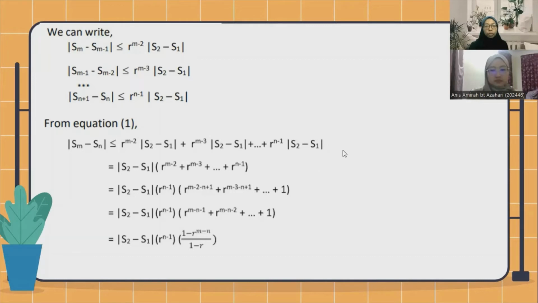So from this, we factorize r to the power of n minus 1.